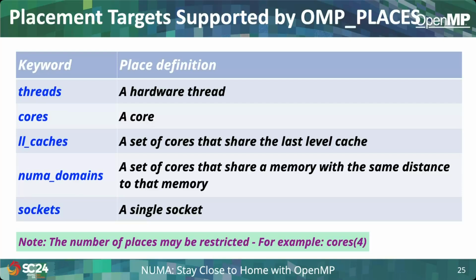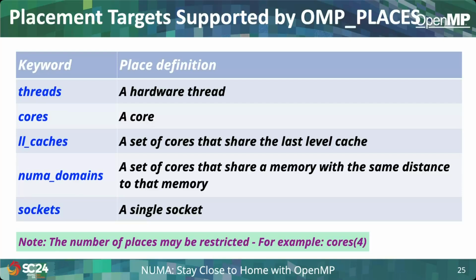Or LL_caches. That's a set of cores that share the last level cache. NUMA domains, a set of cores that share a memory with the same distance to that memory. That's like a NUMA node is, for example, a NUMA domain. Or you could go even higher, a single socket. That's the whole chip in a way.